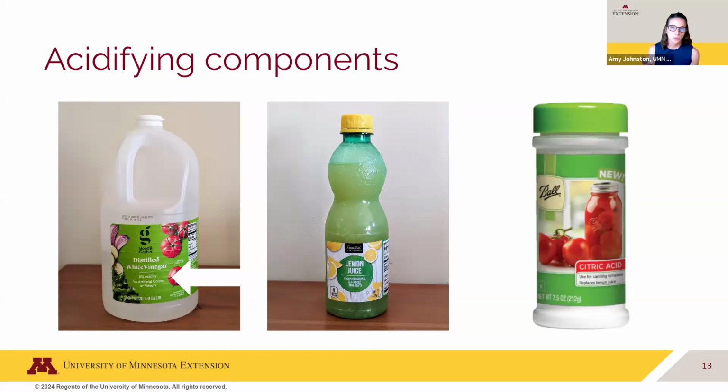And then do not use homemade vinegars unless the percent acidity has been measured. Again, because you want to make sure you're able to drop that pH. And then avoid using balsamic or red wine vinegar, even if they have that 5% acidity, because their color can change the color of the produce that you're canning.